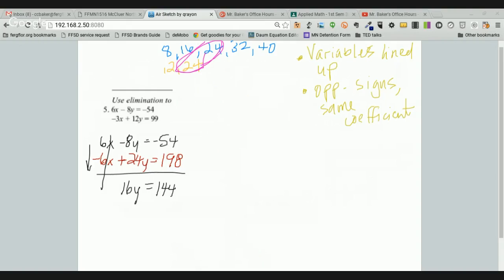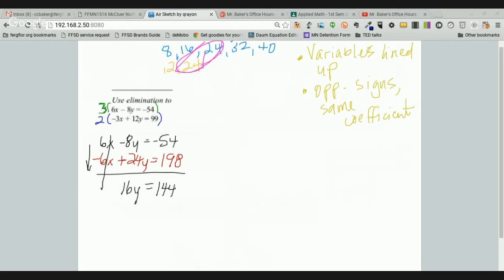That would require multiplying the top equation by 3 to get those to 24. And the bottom equation by 2, just like we did on the last one actually, so that I can get the x's to be the same.